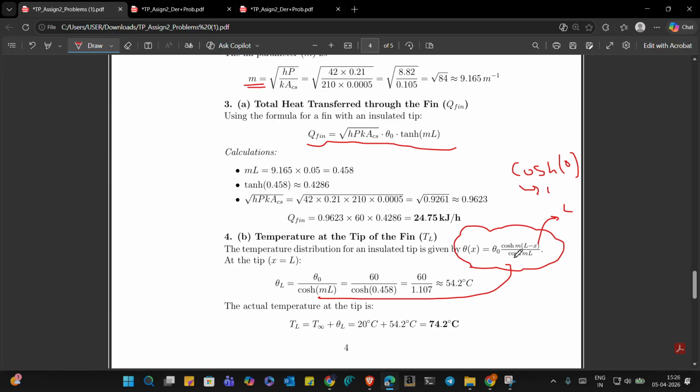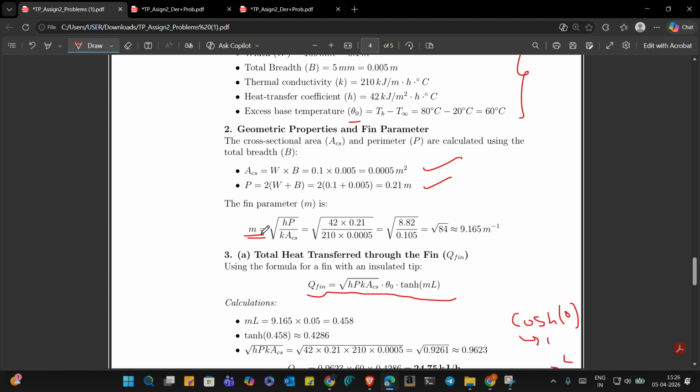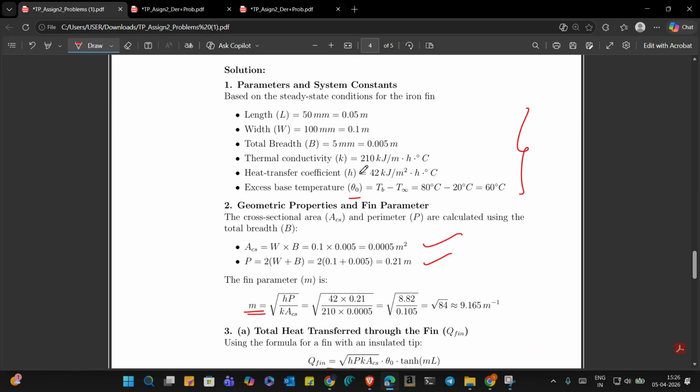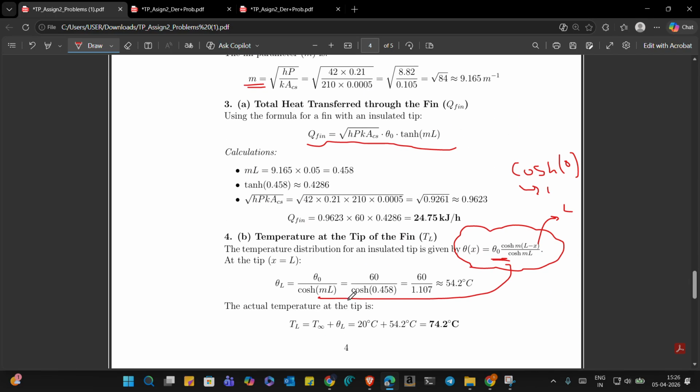This numerator term reduces to 1. So our theta at L can be written as theta naught divided by cosh mL. We can find this mL value from the fin parameter and the length that we are considering for our problem. So we'll substitute mL values to get theta at L.